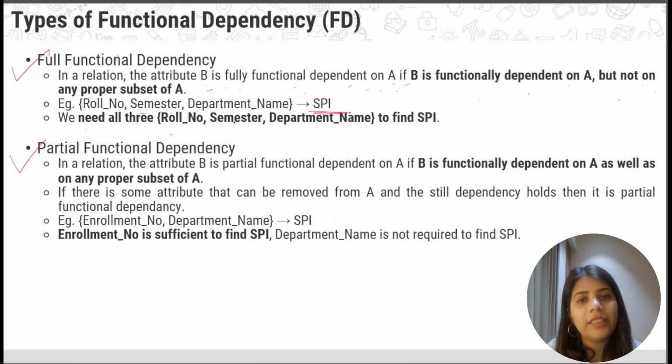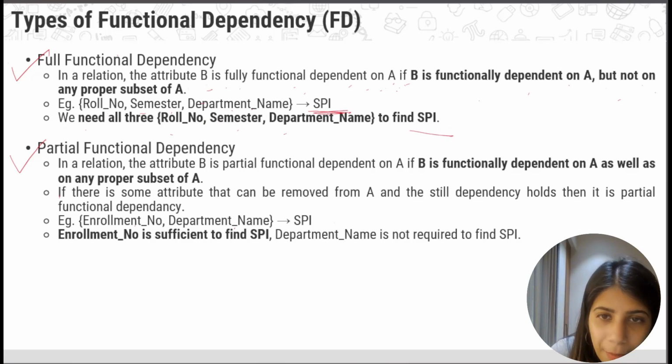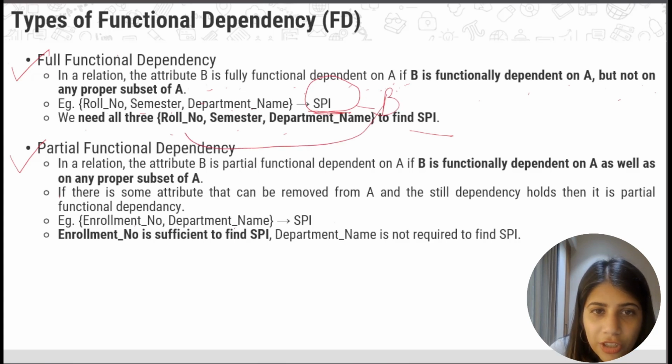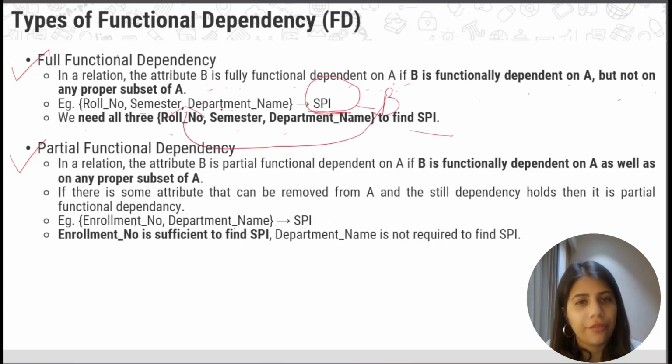We need all three attributes to find the SPI. जिसका मतलब है SPI which is B attribute is fully functionally dependent on all three of them. इसमें से कोई एक भी कम होगा तो we cannot get the SPI's value. This is called as full functional dependency.